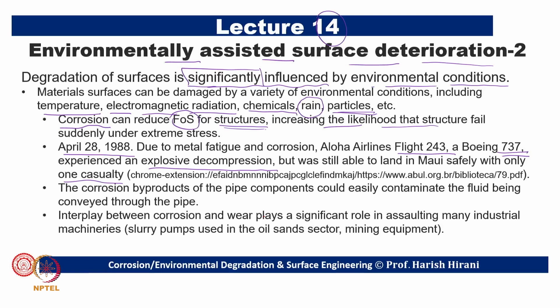Whenever there is a casualty or human health involved, we have to be a little more careful in whatever we design. We need to choose every parameter in a way so that no casualty or health hazard should happen.